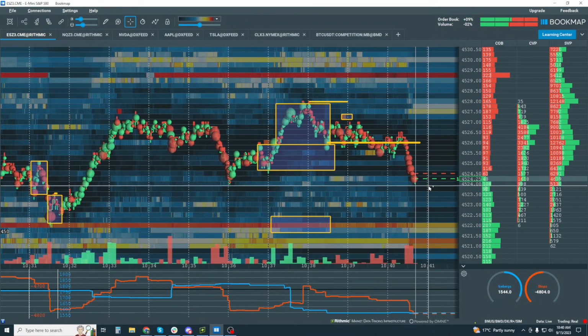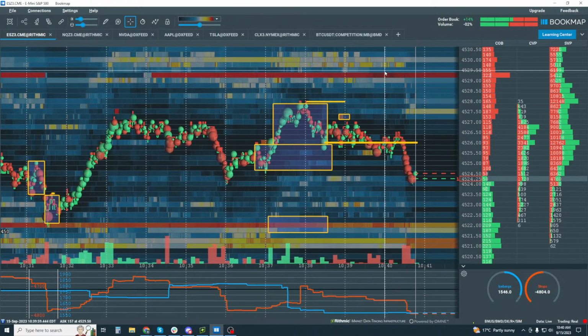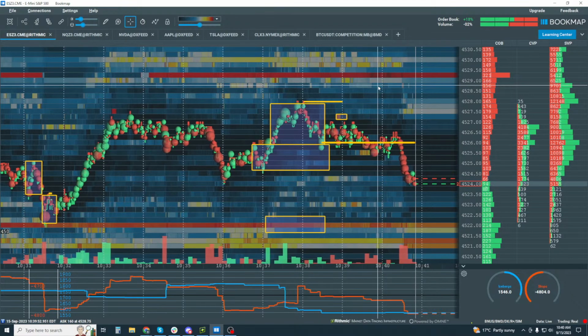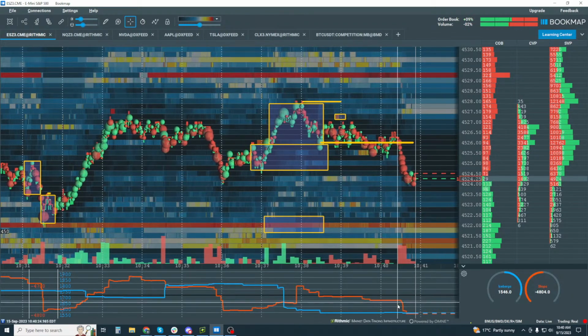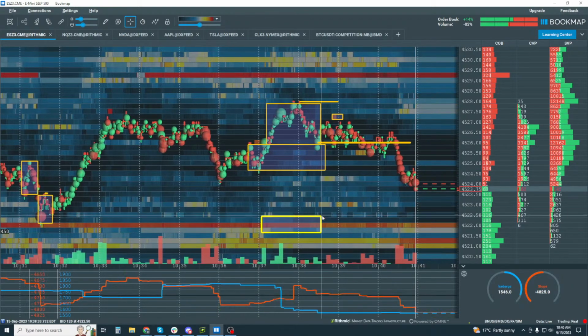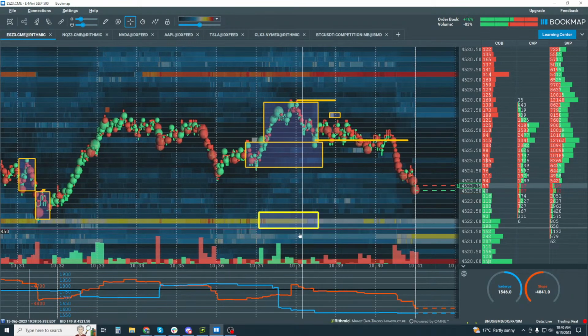24 is transacted. We're still looking for continuation. All right, now we just outlined this buying up here. I've got to get rid of this one now, but that was for the bars down below.